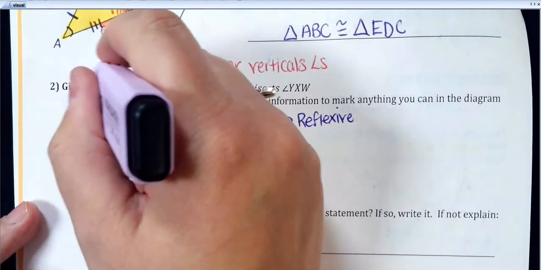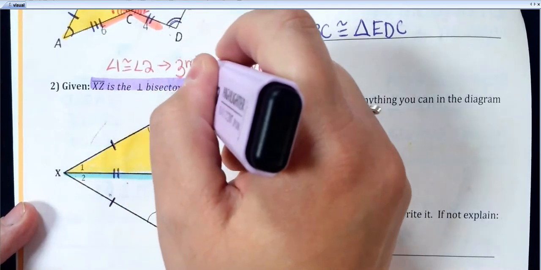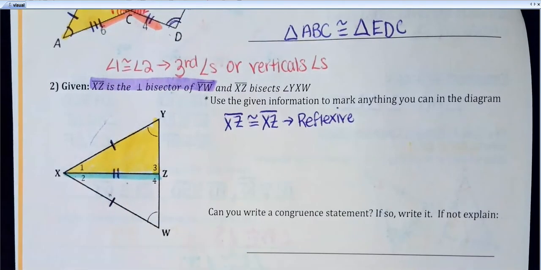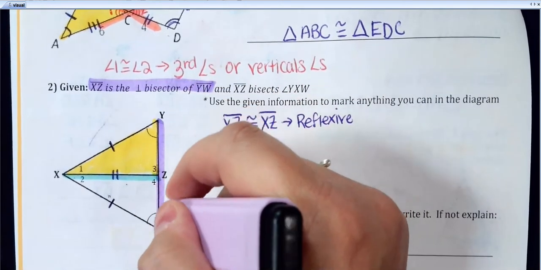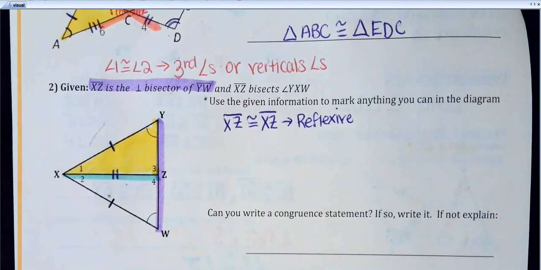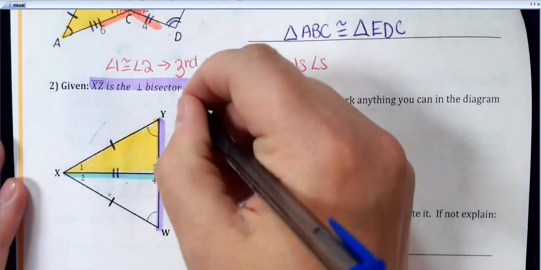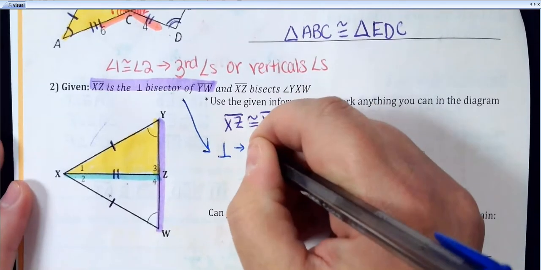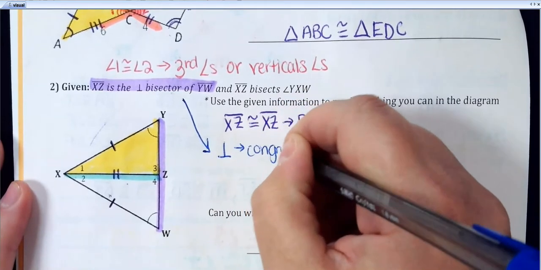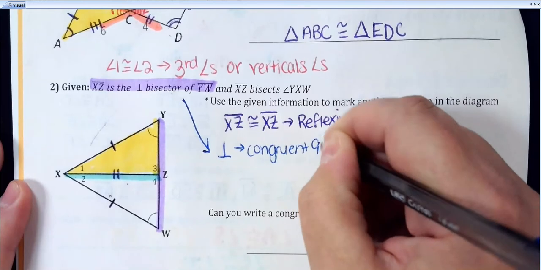Okay, so XZ is the perpendicular bisector of YW. What can I have from a perpendicular bisector? So, two things. The perpendicular part is going to give you congruent 90-degree angles.